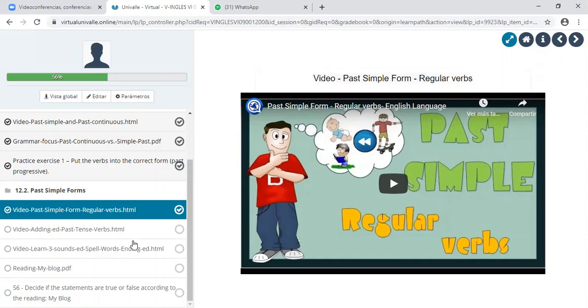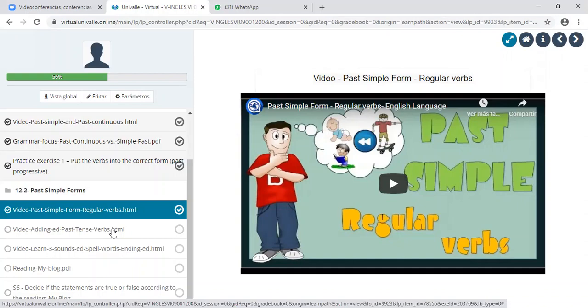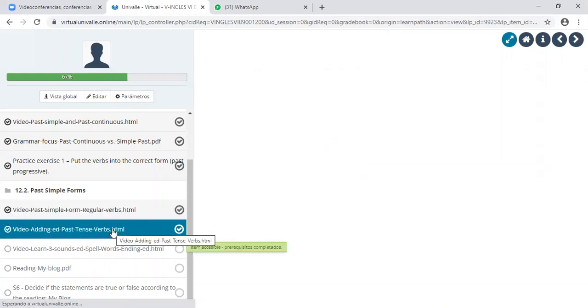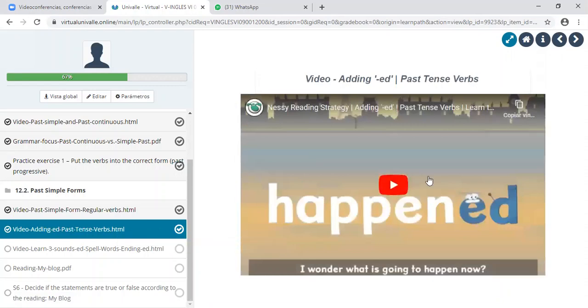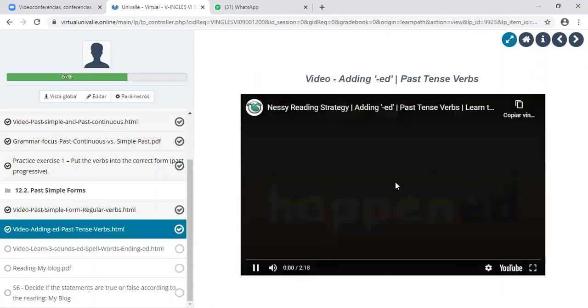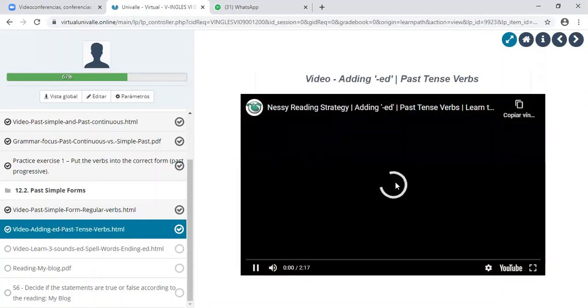And here as well, we have another video tutorial about adding ed to past tense verbs. Those kinds of verbs are really important for you to understand. We have 3 different sounds for those verbs that have ed at the end.